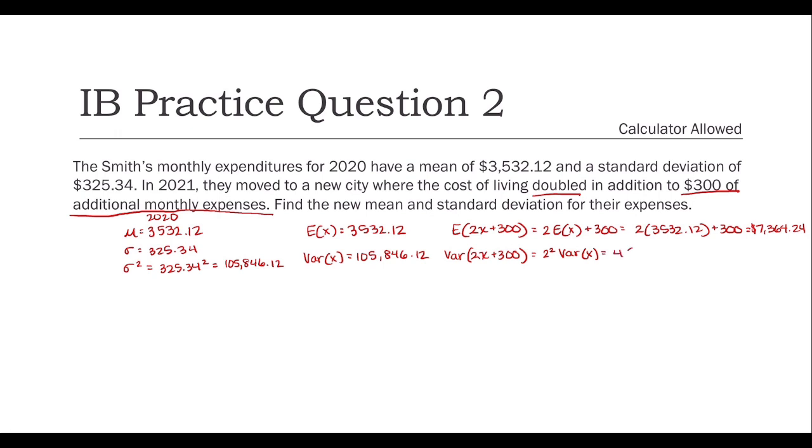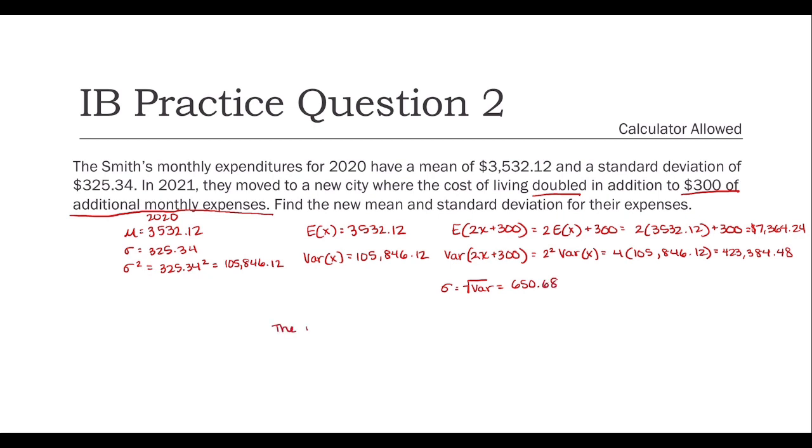So that's 4 times 105,846.12, which equals 423,384.48. To get our standard deviation, that's going to be the square root of our variance. So it'll be the square root of 423,384.48, which is 650.68.